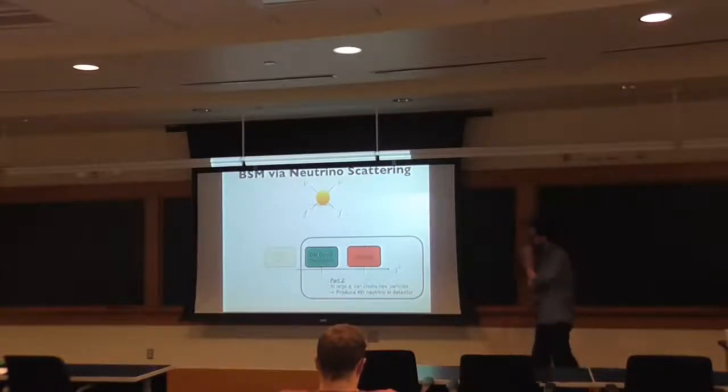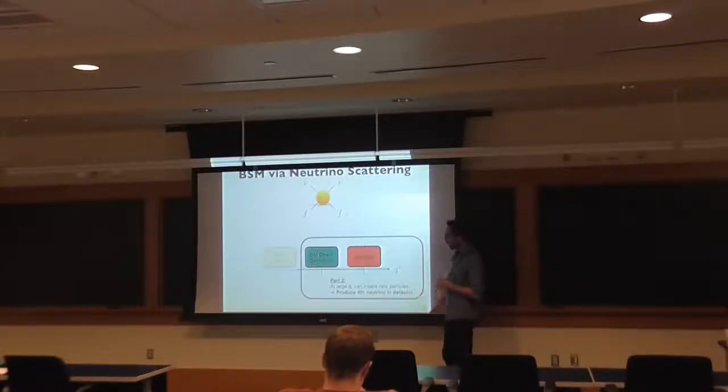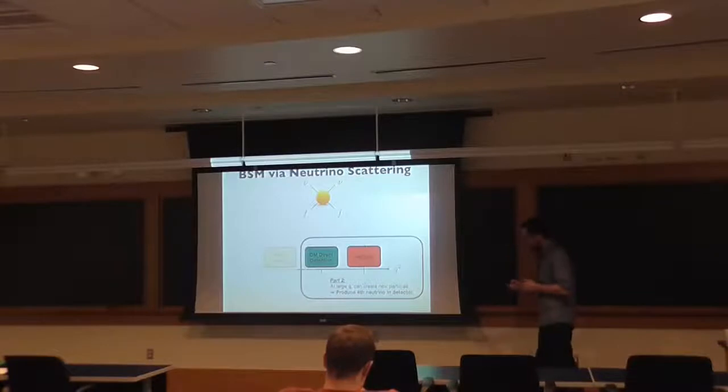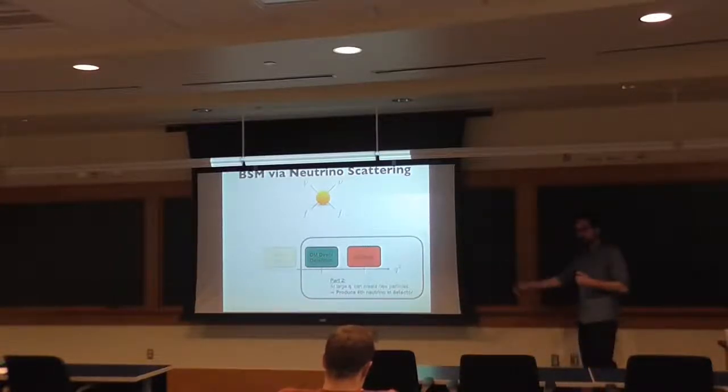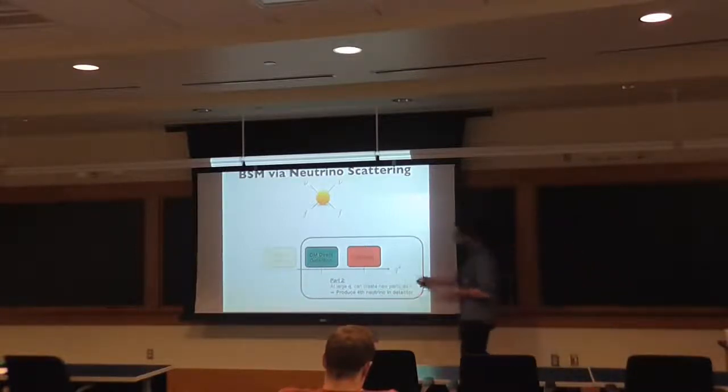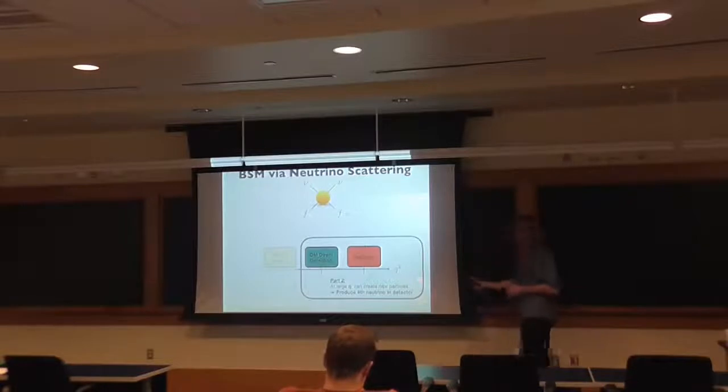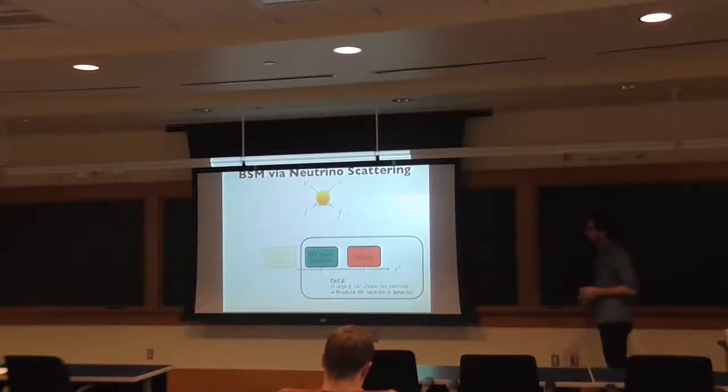In part two, we'll go up to larger momentum transfer. And lots of things can happen as you go up in momentum transfer. This is just one example. But one thing that can happen is that above kinematic threshold, you can actually produce new states in your detector that you didn't have access to before. So I'll examine some ways that you could produce a fourth neutrino in your detector.